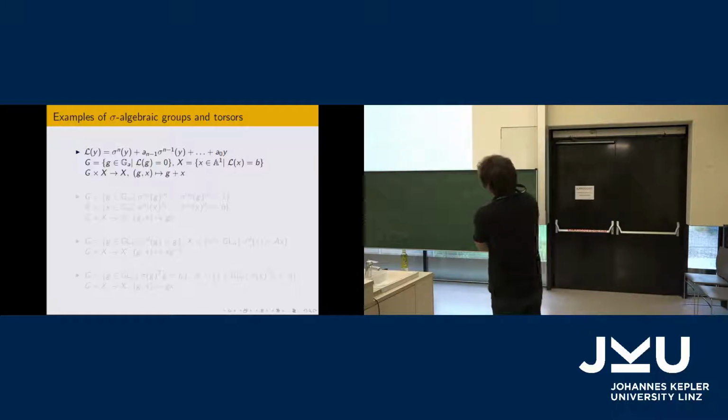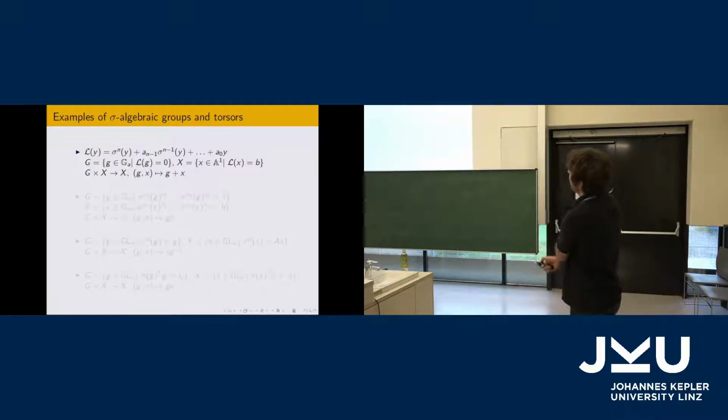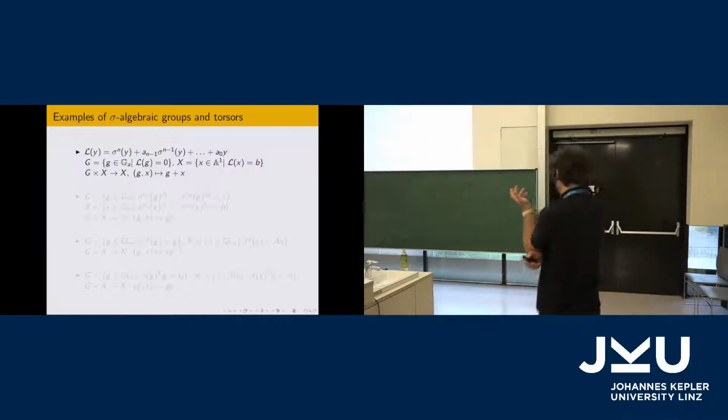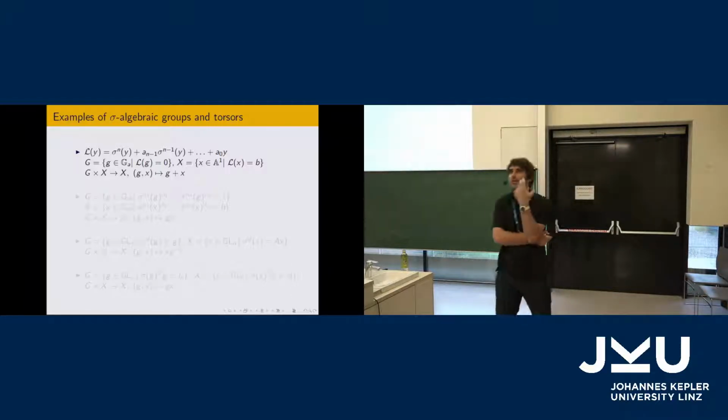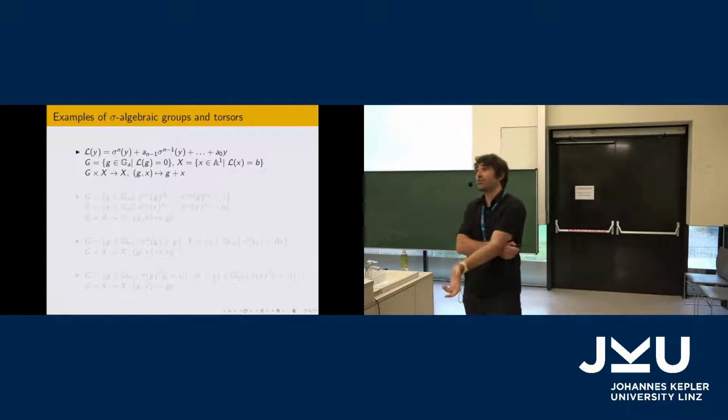If you look at the associated inhomogeneous equation, so if you pick any element b from the base field as the right-hand side of the equation, then this no longer is a subgroup. However, if you have a solution to the inhomogeneous equation and you add a solution of the homogeneous equation, you still have a solution of the inhomogeneous equation.